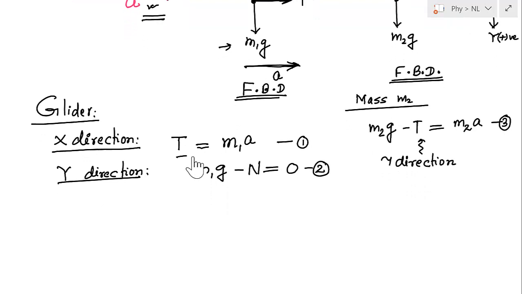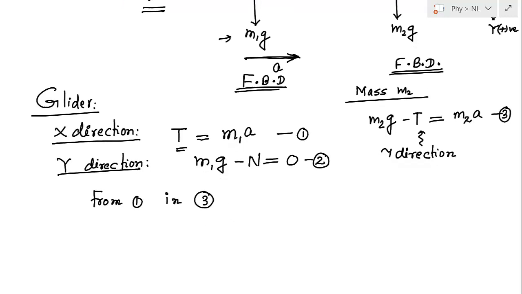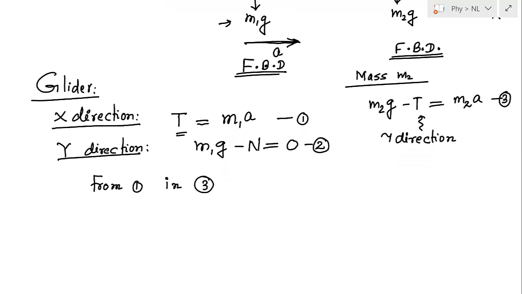What I can do is plug the value of T from equation 1 into equation 3. I am simply writing 1 and 3, which denote equation 1 and equation 3. So from 1 I can write T equals m1a.